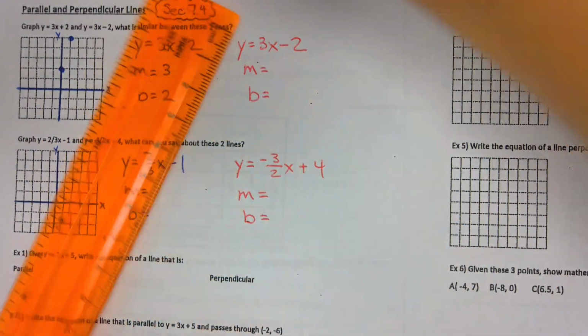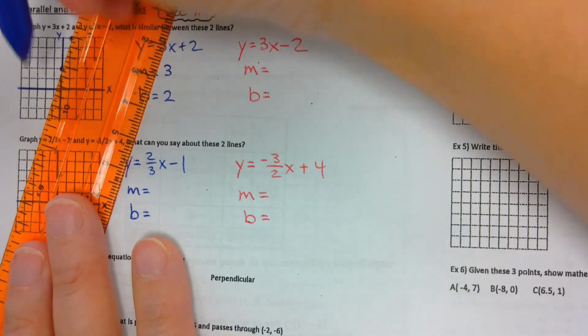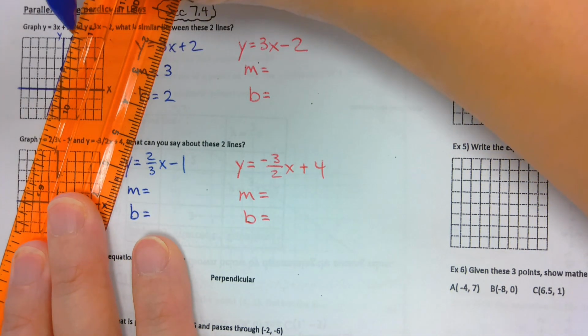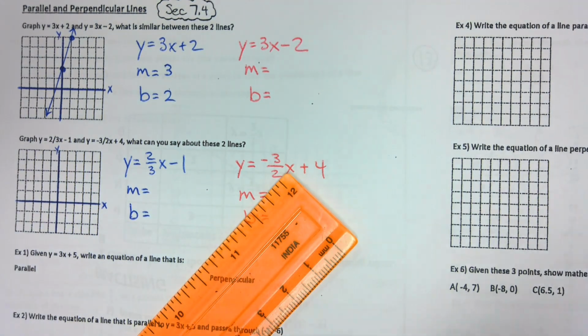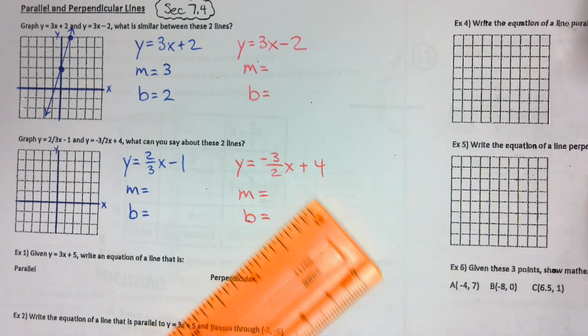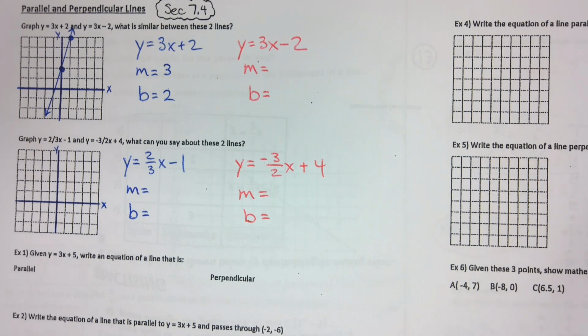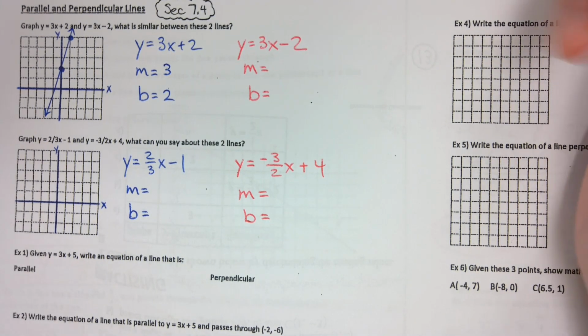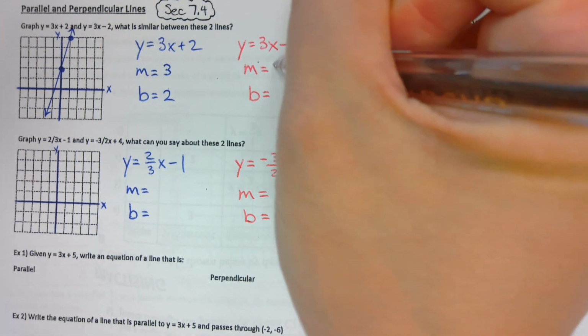So we have this first line right here. And then for the second one, the red equation, y equals 3x minus 2, what's m? What's b? Other than Sam. Alisa, looking at this equation, what's the m? 3 and -2.